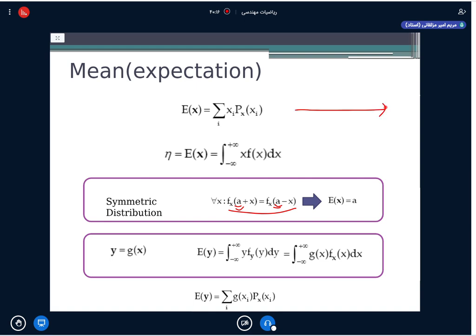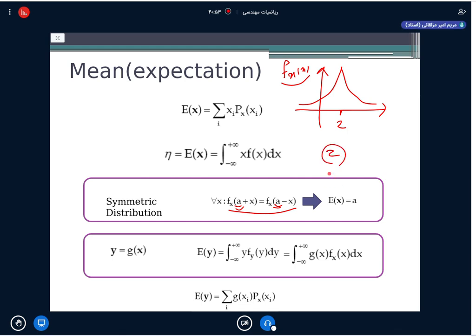For example, if we have this distribution for a random variable, and here is the point 2. This is the PDF of a random variable. Suppose that the PDF is symmetric around 2. From this property, we know that the expectation of the random variable with this PDF is equal to 2.